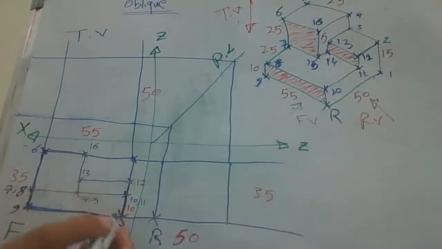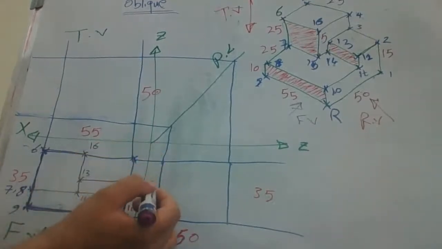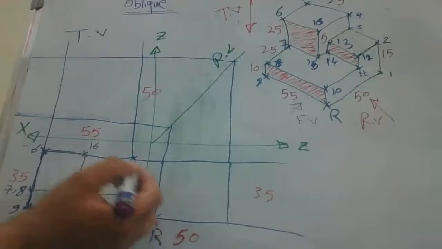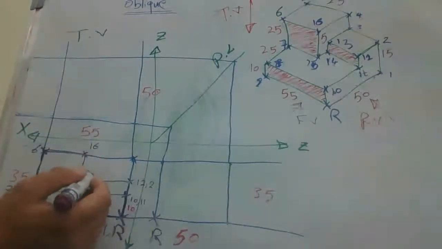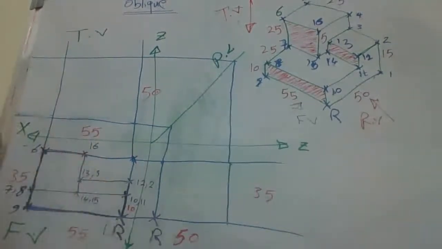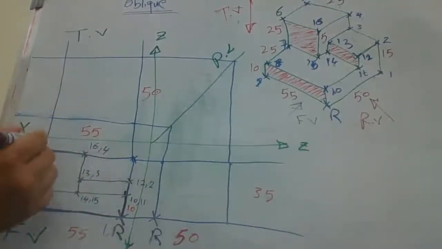Now, 2 also sits behind 12. All lengths in the depth direction disappear. 13, 3. 16, 4. 6, 5.